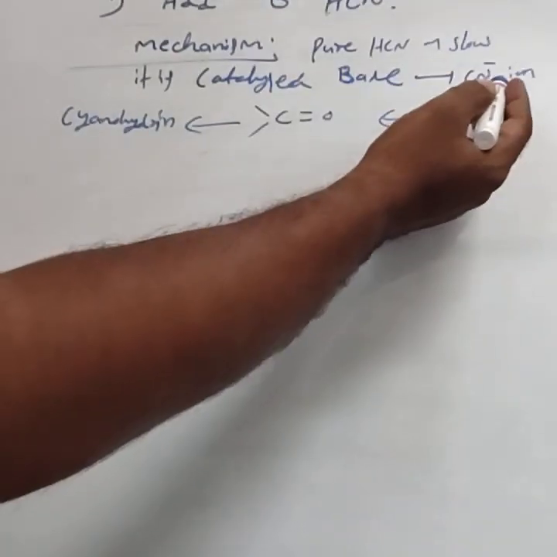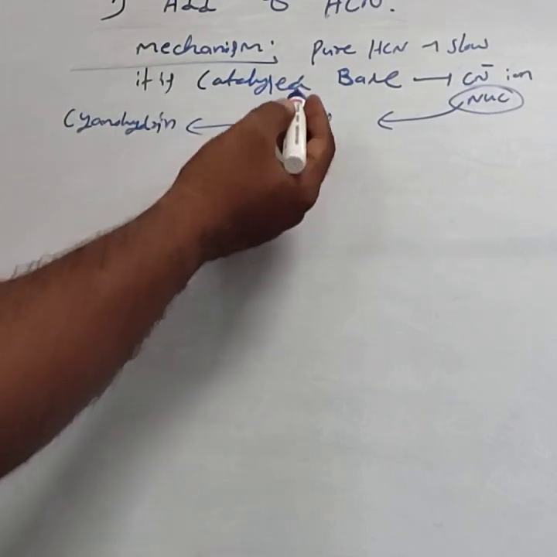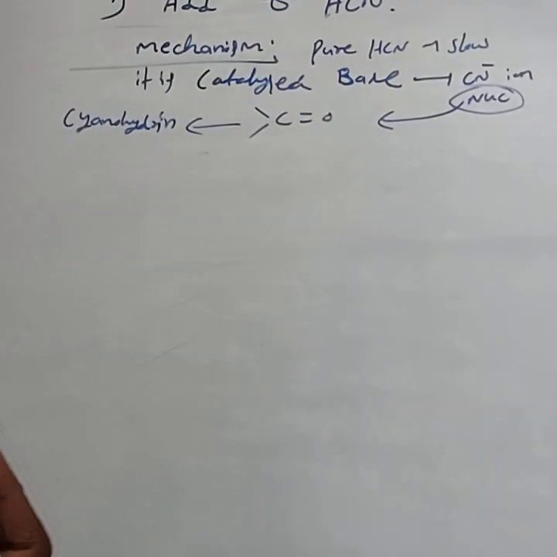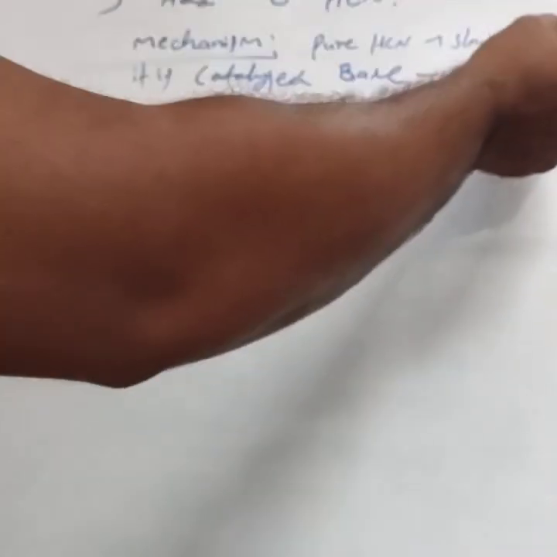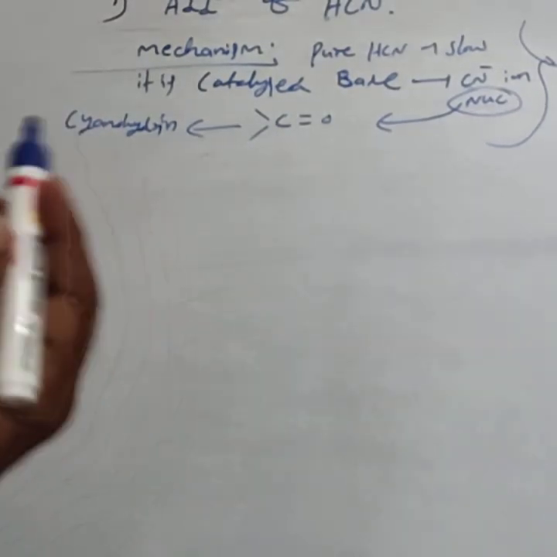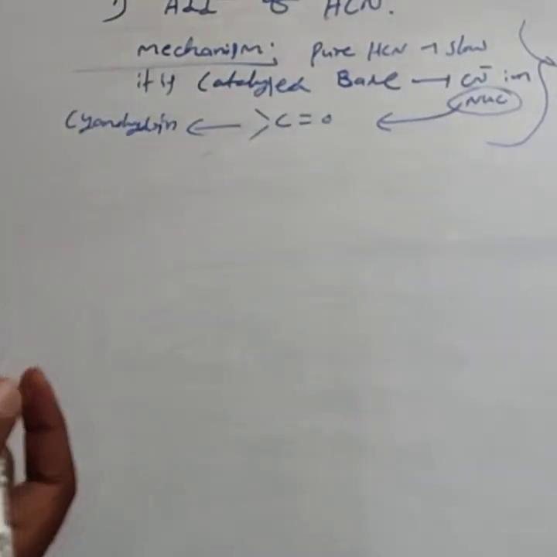The nucleophile then adds to the carbonyl compound to form the corresponding cyanohydrin. If you know the explanation, then only write this explanation. Otherwise, directly write the mechanism steps.